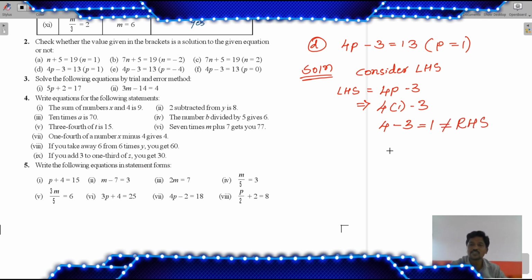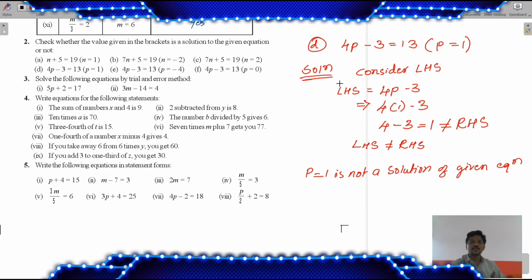LHS is not equal to RHS. Then what we have to say? p equals 1 is not a solution of the given equation.